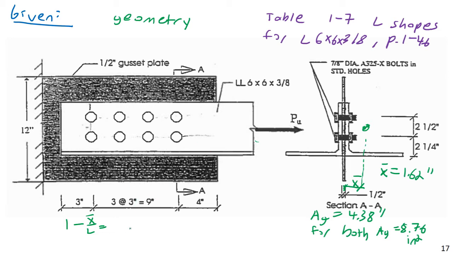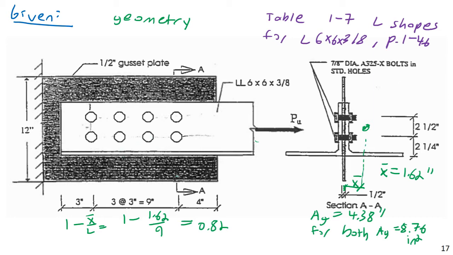So if we have 4 bolt holes or 3 bolt spacings, each at 3 inches, our total connection length is going to be 9 inches. So our 1 minus x bar over L is going to use our 1.62 inches from here. So 1 minus 1.62, divided by 9, which will then equal 0.82.